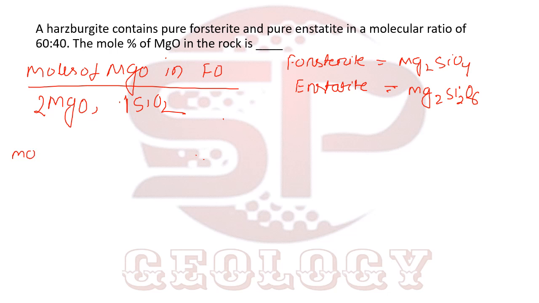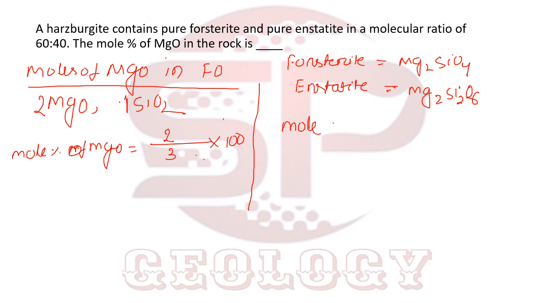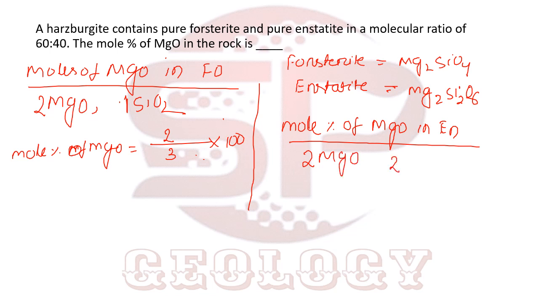So the mole percentage of MgO will be moles of MgO, that is 2, and total moles 3, times 100. Then we'll calculate the mole percentage of MgO in enstatite. Enstatite has the composition Mg2Si2O6, so it has 2 moles of MgO and 2 moles of SiO2.